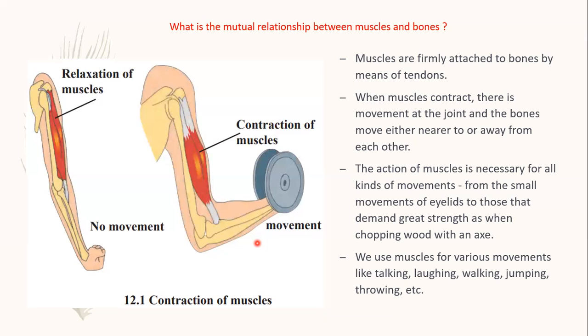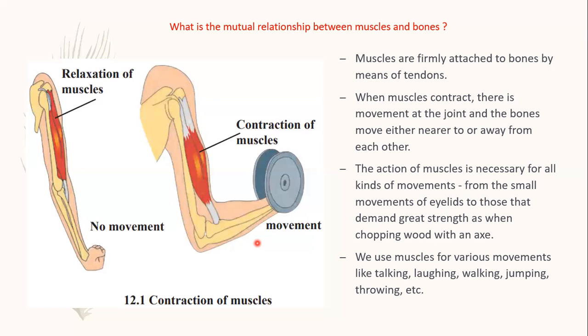Okay, so we use muscles in our day-to-day life; without them we cannot even move. The function of our muscles is important, and we use it in various kinds of movements, like talking. The way I'm talking to you right now, I'm using the muscles of my cheeks, my lips are moving, and my tongue is moving.